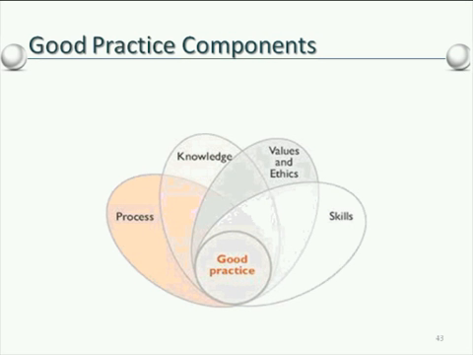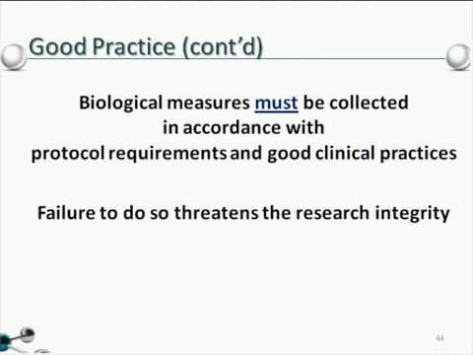I think what ties with skills is just to know your information, know your protocol, know your institution's practices, and be prepared to implement them at any second. To harp on it, of course, biological measures should be collected with your protocol requirements and good clinical practice. If you fail to do so, you jeopardize the research integrity of the specimen and thus of the study.